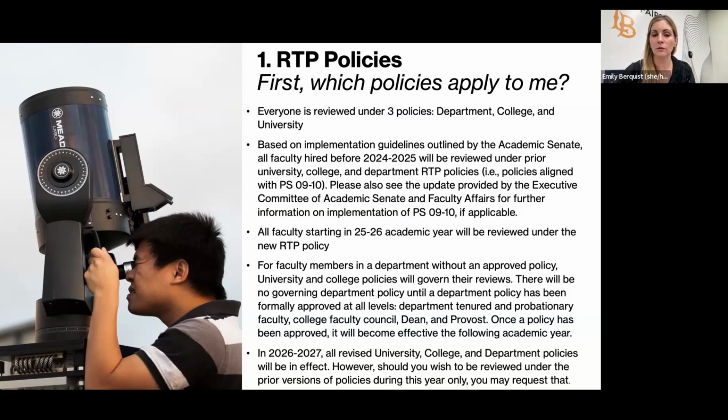There will be no governing department policy until a department policy has been formally approved at all levels: department, tenured and probationary faculty, college faculty council, dean, and provost. Once a policy has been approved, it will become effective the following year. In 2026-2027, so next academic year, all revised university, college, and department policies will be in effect.